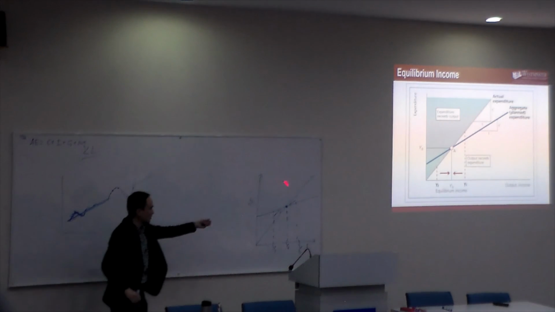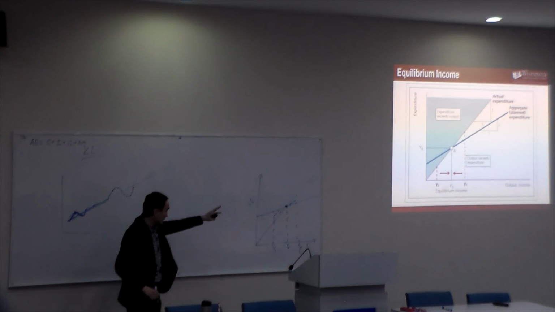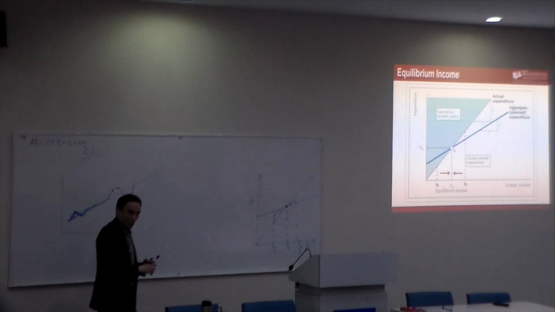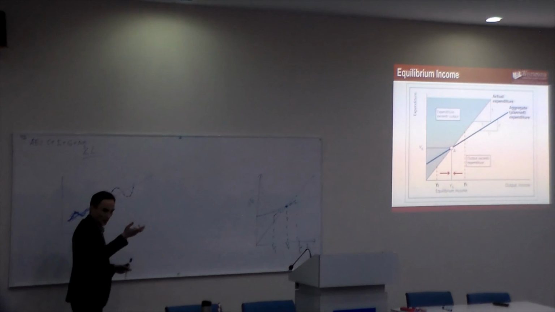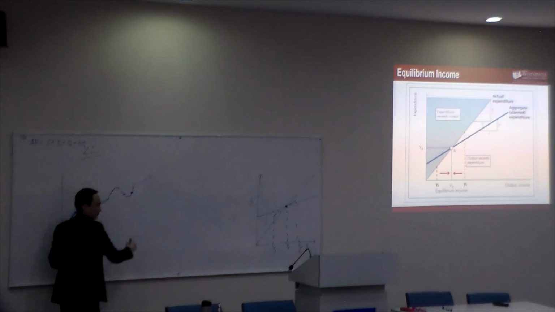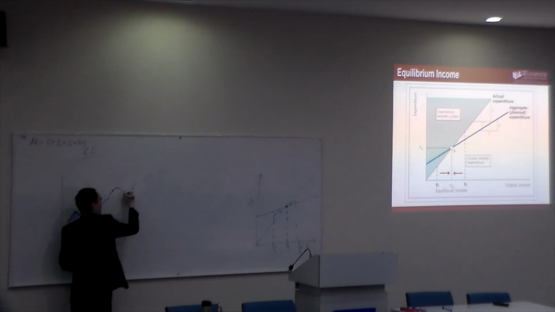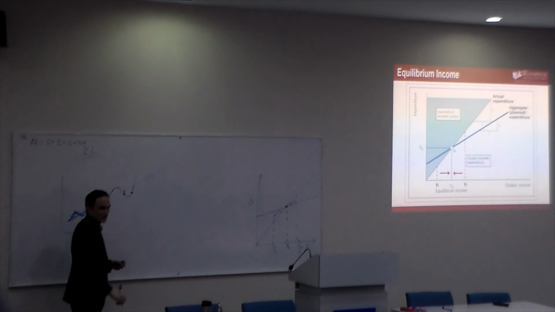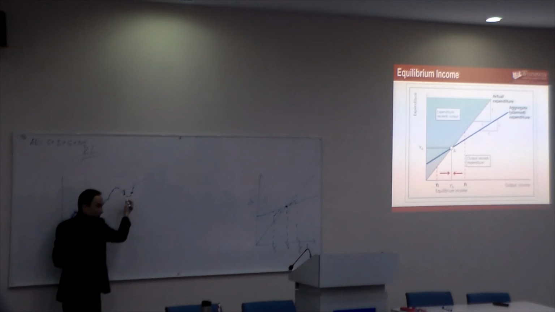What does this Keynesian approach give us, okay? It explains what kind of policies and how the government should react. For example, if the economy is somewhere here, we know that the potential level of income is higher by this much, right?